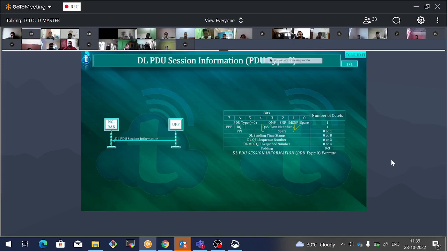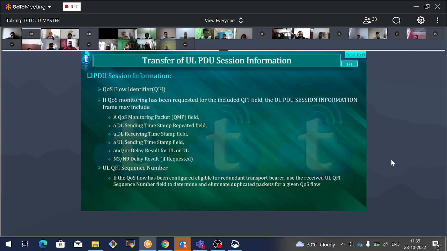So this is the downlink part, downlink PDU session information. What about uplink? In uplink also similar data will be there. You have the QFI, there is a QoS monitoring packet, and the downlink timestamp. Whatever was sent in the downlink, the same stamp would be maintained.